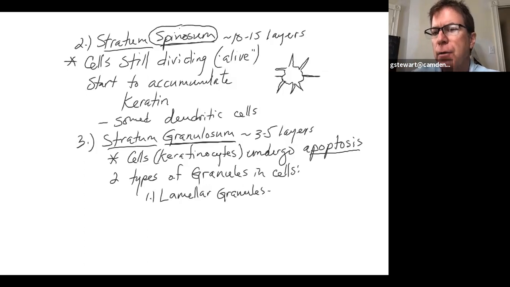So lamellar granules are granules that the cells produce in this layer, and they are glycolipids. The granules are full of glycolipids. Glyco means sugar, lipid means fat. And to be honest with you, it's mostly lipids, mostly fat.